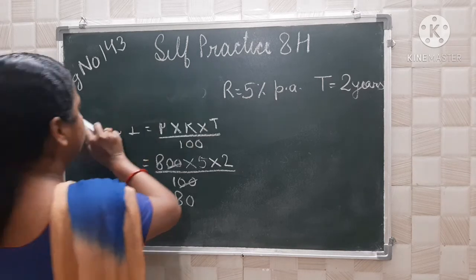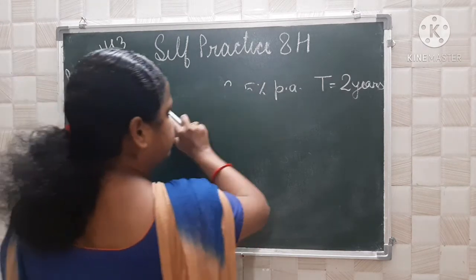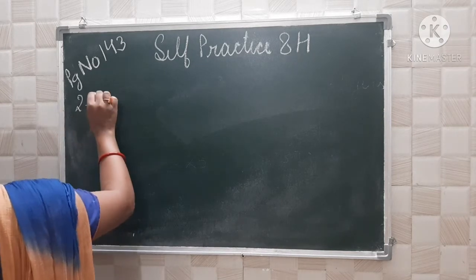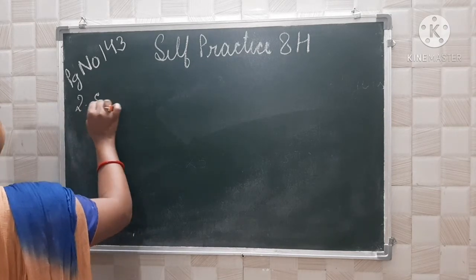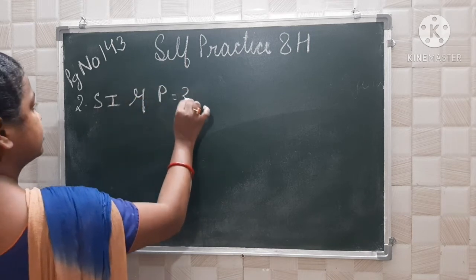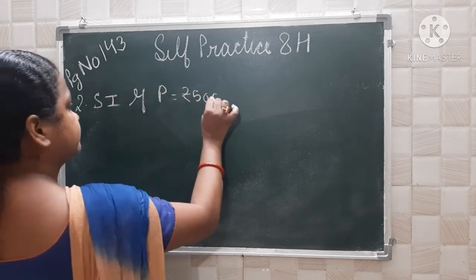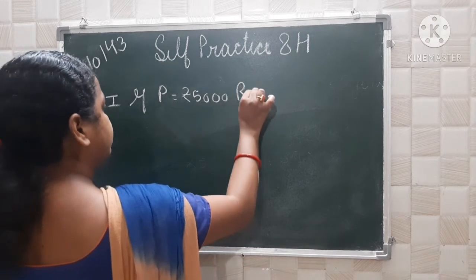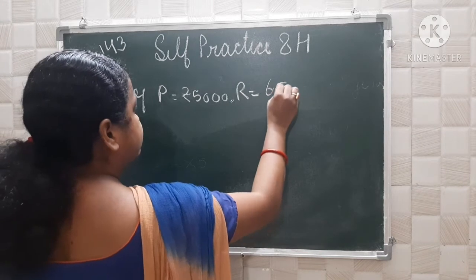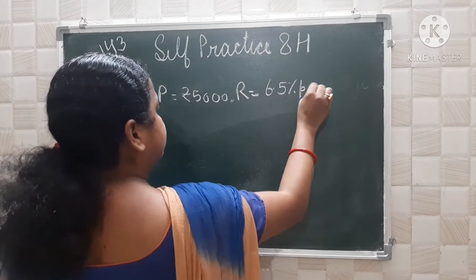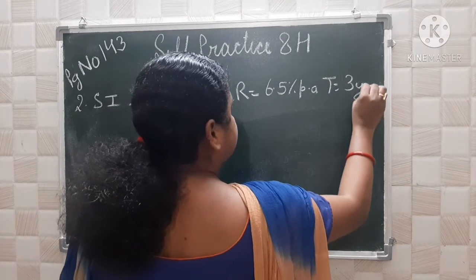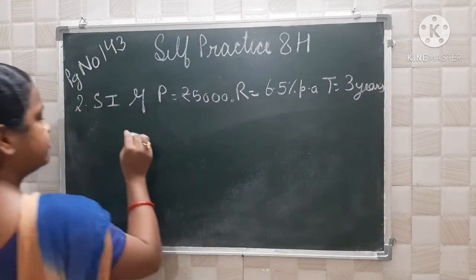Now, second question. In the second also you have to find simple interest. If P is equal to rupees 5,000, R is equal to 6.5% per annum and T is equal to 3 years. So what is the formula?